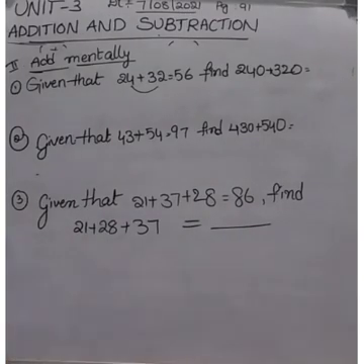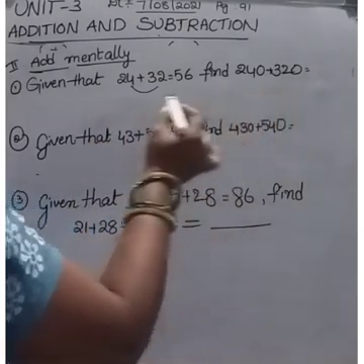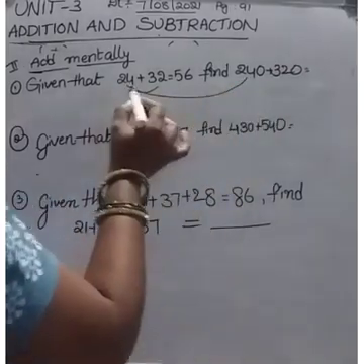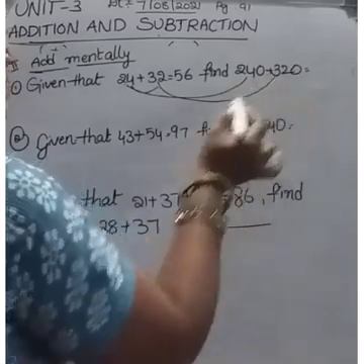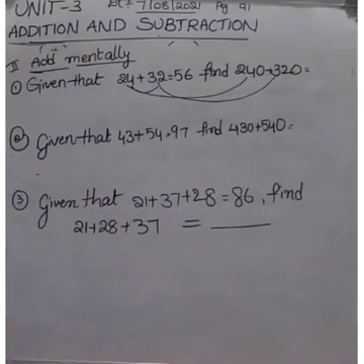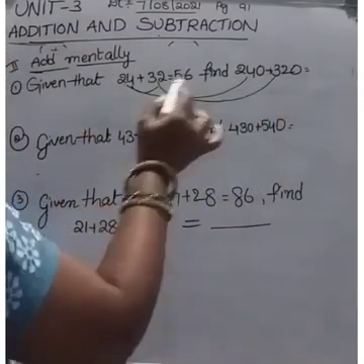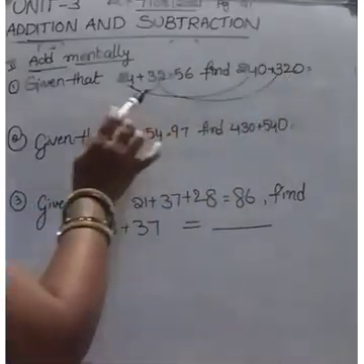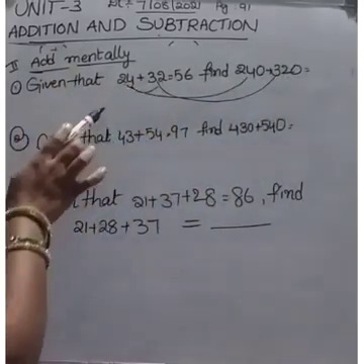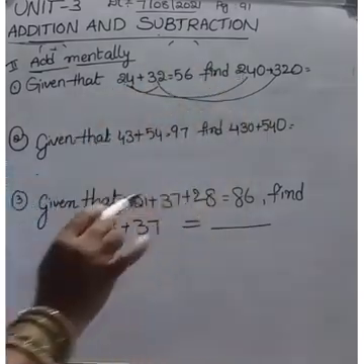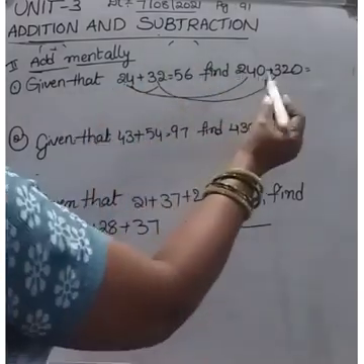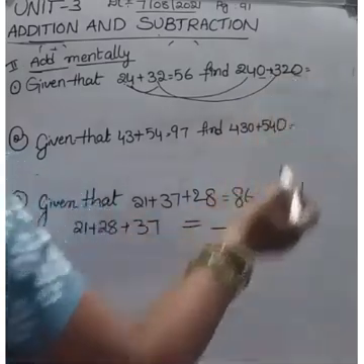Find 240 plus 320. Do you observe anything here? 24, 240, 32, 320. This is a 2-digit number, this is also a 2-digit number. Here 24 becomes a 3-digit number. So one more 0 exists, no?